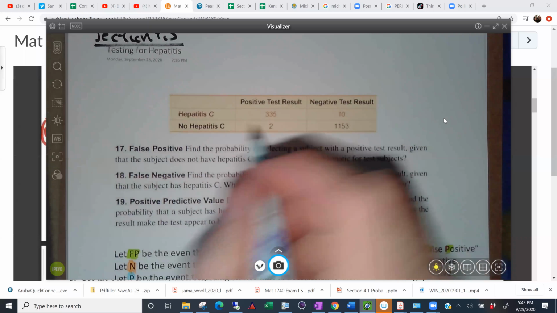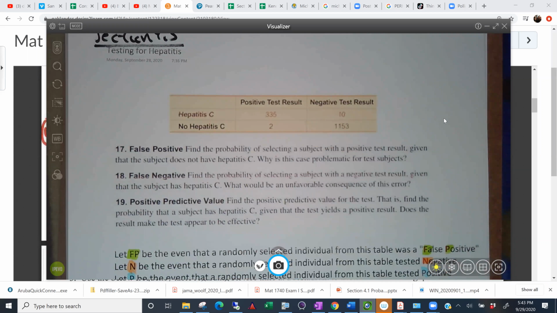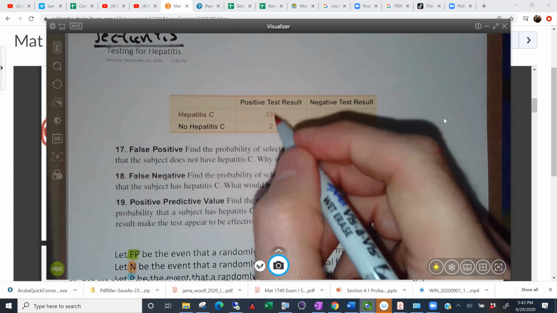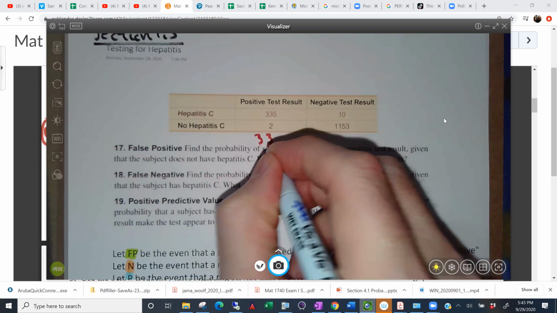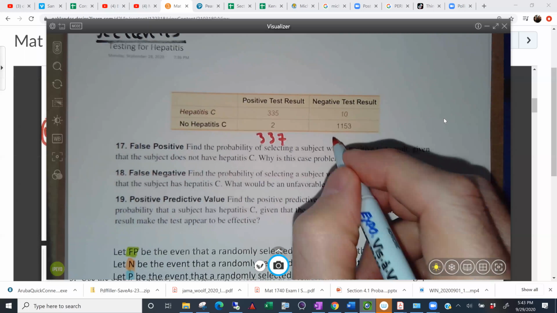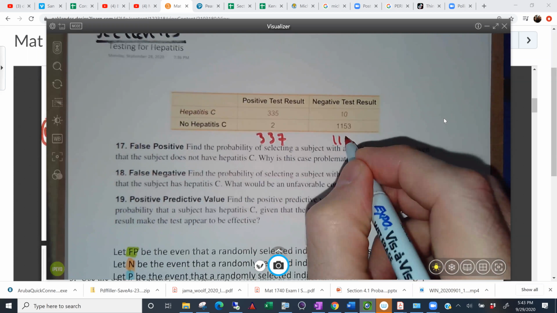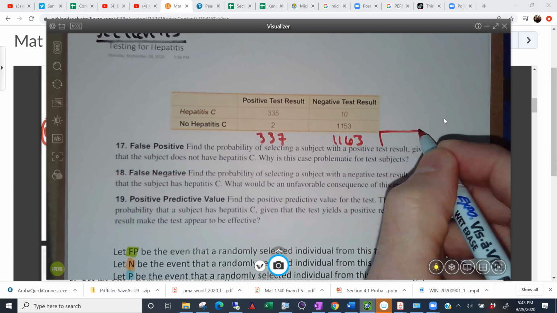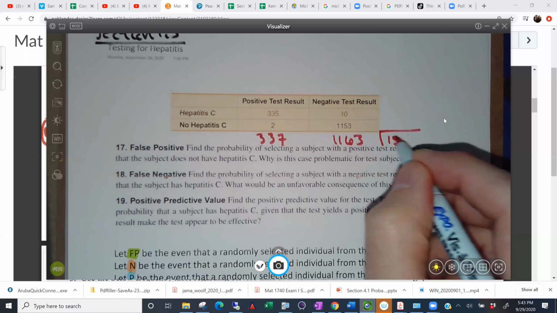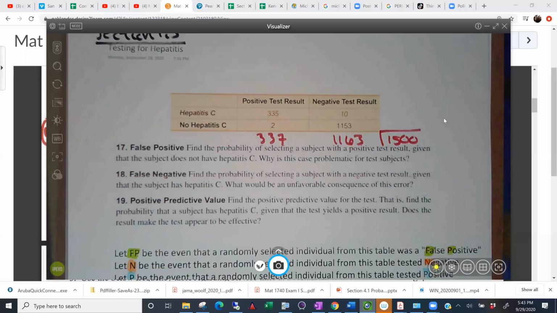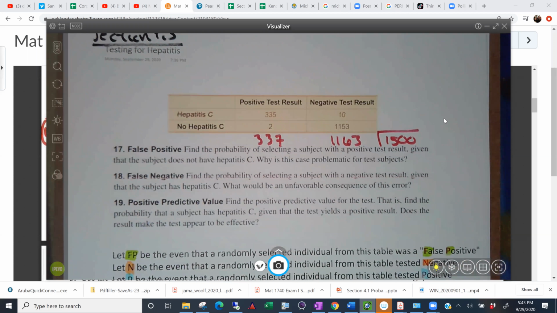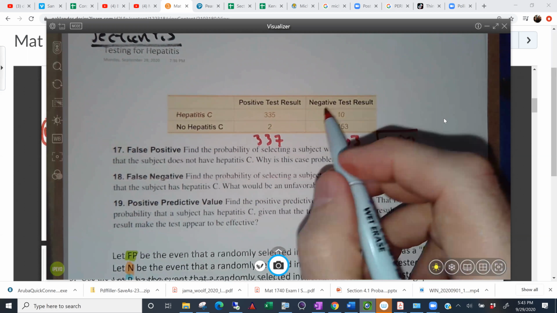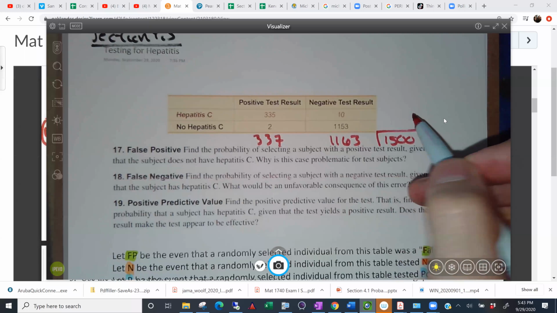One thing I'm going to do is put down some marginal totals. So that would be 337 here, and then 1163 here, for a total of 1,500 people that were tested to make the data for this table. Let's do the marginal totals across the rows then.